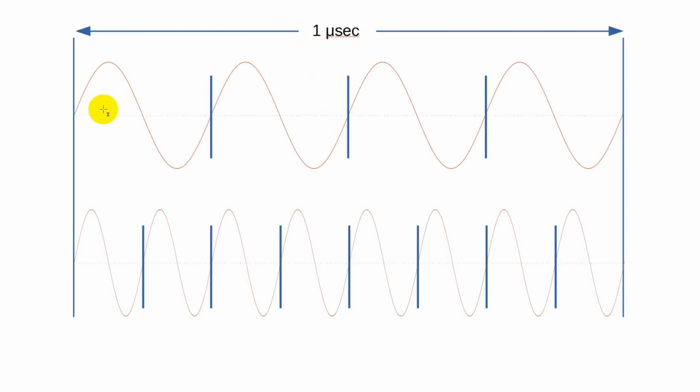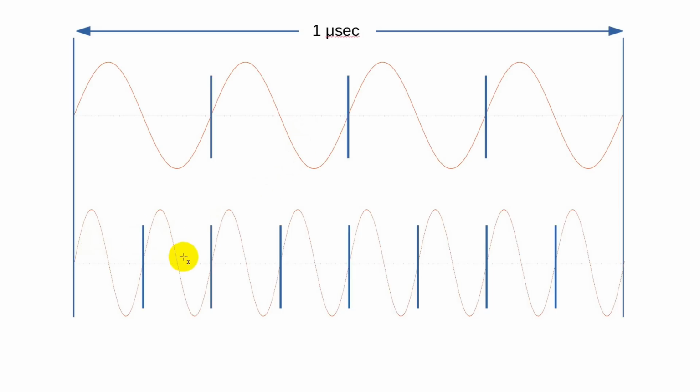This is time here. And this upper wave completes 4 cycles in 1 microsecond. So therefore, it is a 4 megahertz wave.